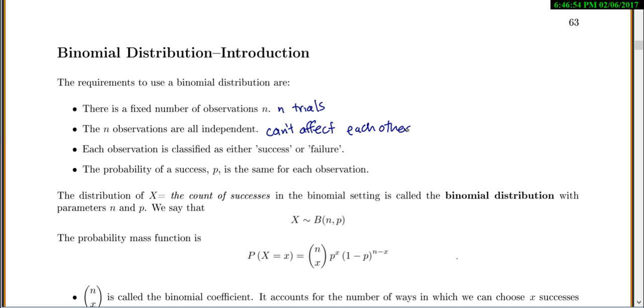Okay, and every observation is classified as either a success or failure, or in other words, there's only two possibilities. It's always like heads or tails, open or shut, two possibilities. And the last one is that the probability of a success, P, is the same for each observation. So your probability doesn't change.